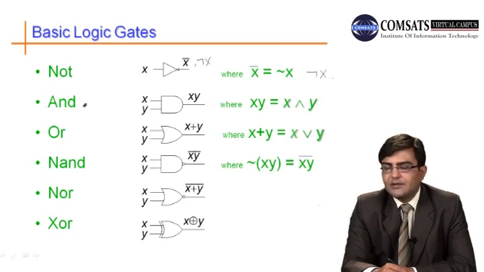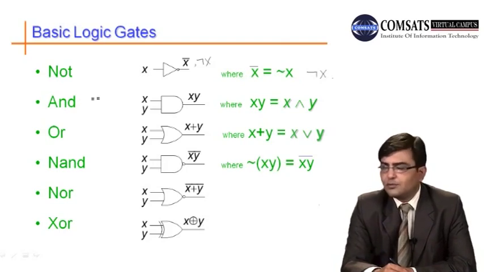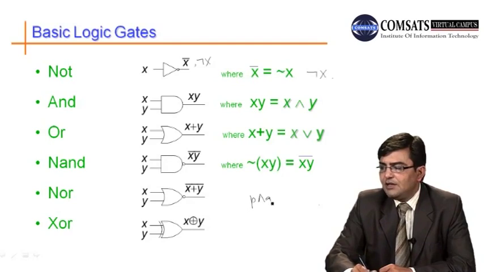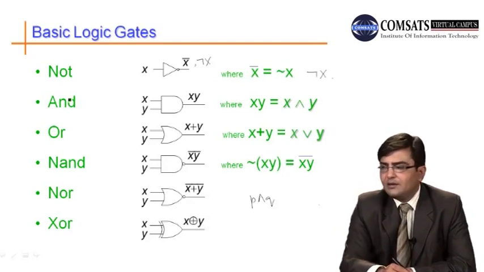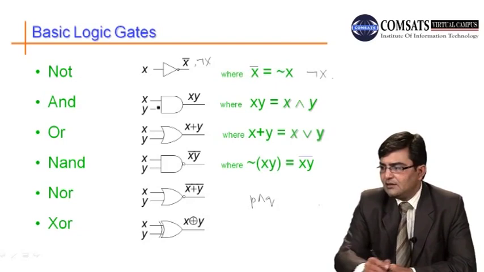Another basic logic gate is AND, which is also the conjunction operator between two propositions. As we have seen in previous lectures, if we have two propositions P and Q, then the conjunction operator gives P and Q. Here we have a basic logic gate called AND, and it can be expressed by this symbol.